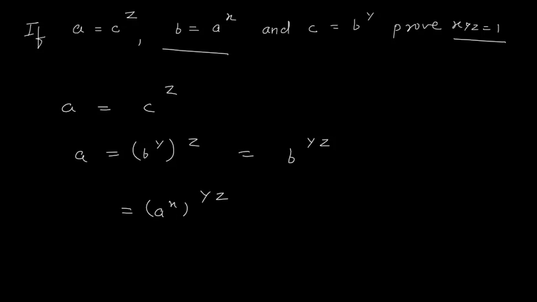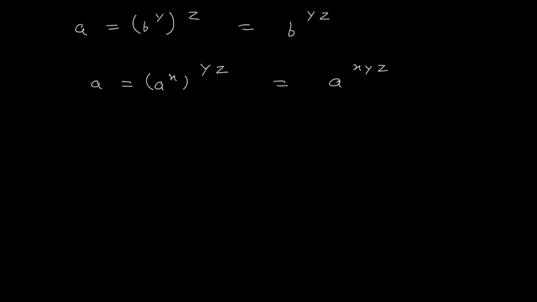So this becomes a power xyz. Now a is equal to a power xyz. Here a means a power 1, so a power 1 is equal to a power xyz. So this indicates that 1 is equal to xyz, or I will say that xyz is equal to 1.